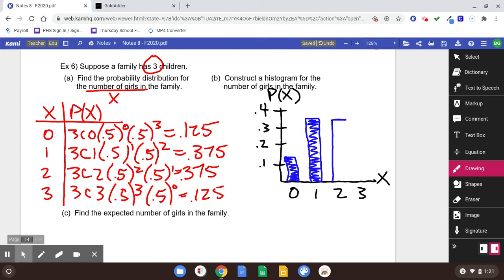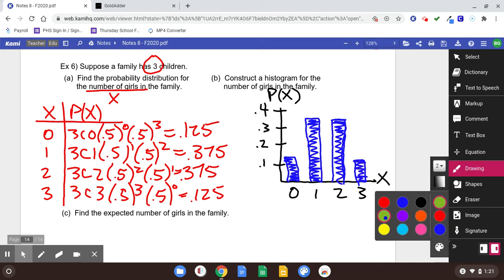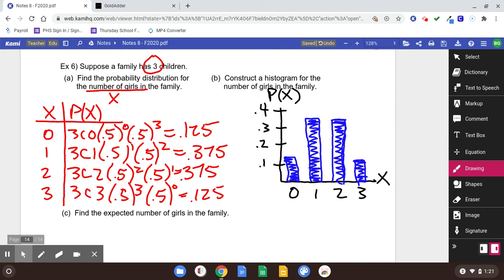And the same thing. And 0.125. Again, I think it makes a lot of sense to write that in if you can't tell what the values are. Like that.